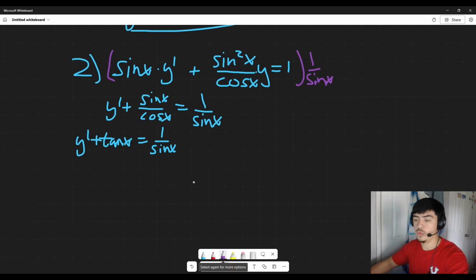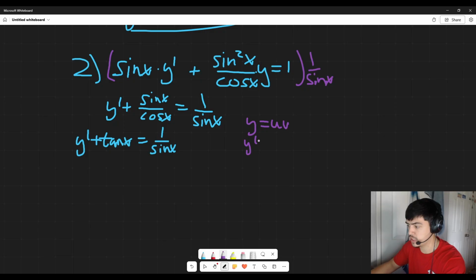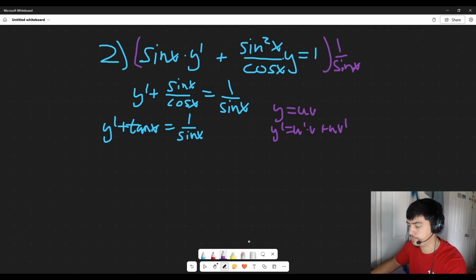Now, we can go ahead and apply Bernoulli's method, like we did previously. We did y equals u times v. Taking the derivative of both sides, we get u prime times v plus u times v prime.